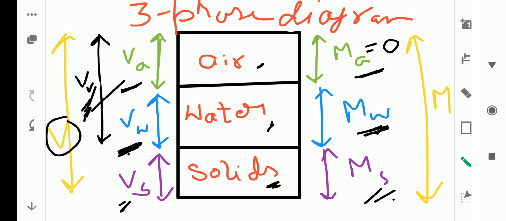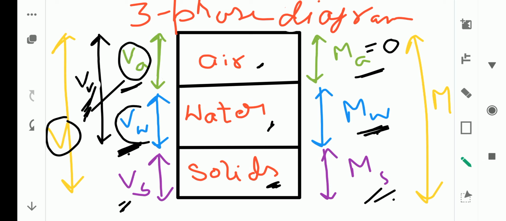So all these notations, what these notations mean, you must know. What is Va? Va is volume of air in a particular soil mass, or particular lump of soil. The amount of air in terms of volume is Va, right?